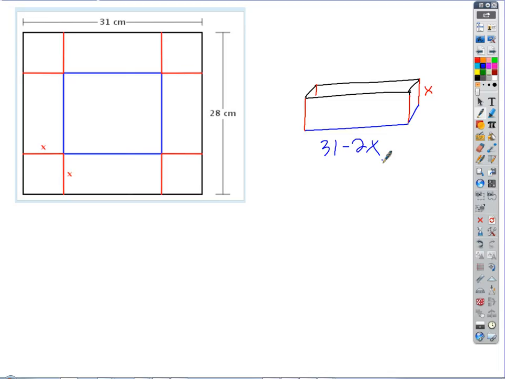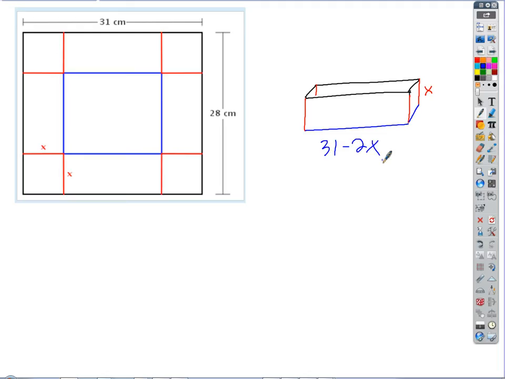Okay, Alexis, what do you think about the width then? What's that going to be? It starts off as 28. But we're going to fold those flaps up, same. It's going to be less than 28, right? If I fold this flap up right here, how much of that width am I losing?